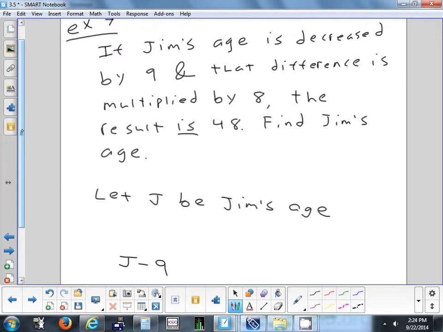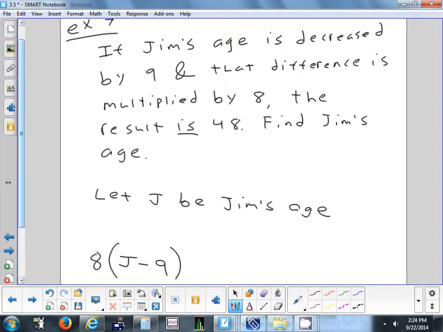Now it says that difference, that whole difference, is multiplied by 8. Here's where it gets a little tricky. This entire thing is multiplied by 8. Not just the J, not just the 9, the whole thing. So what do I got to do here? Matt? You can put parentheses around it and put 8 on one of the sides. Perfect.